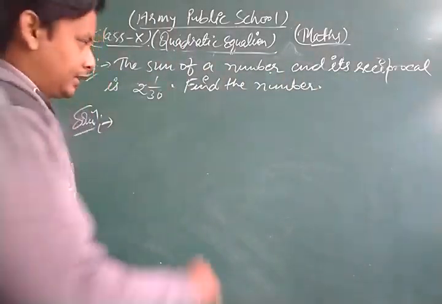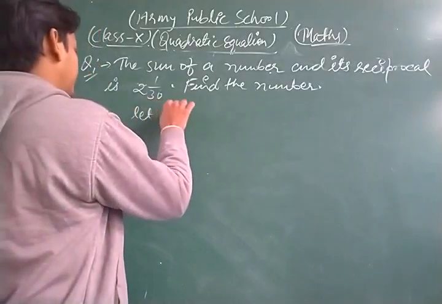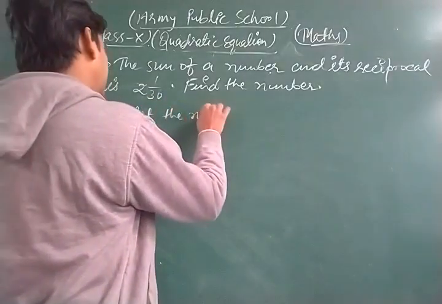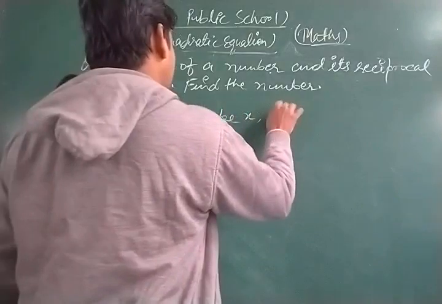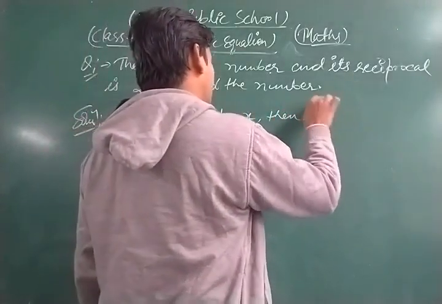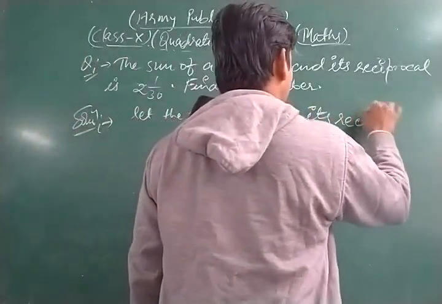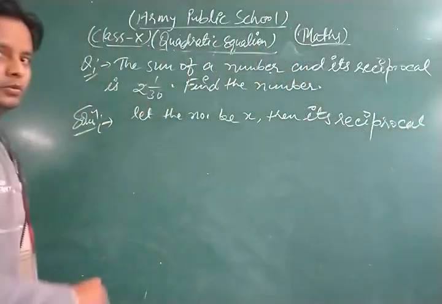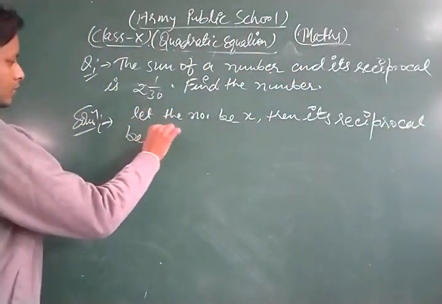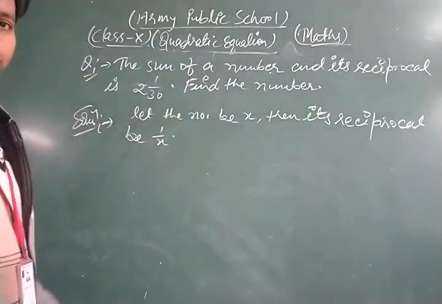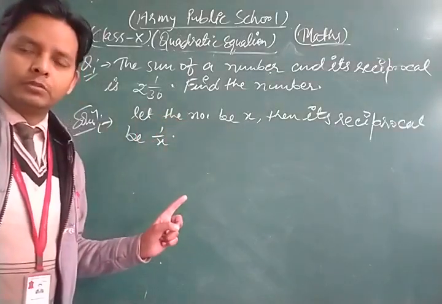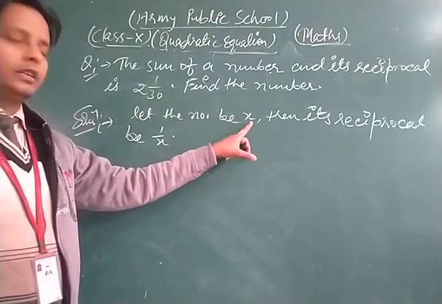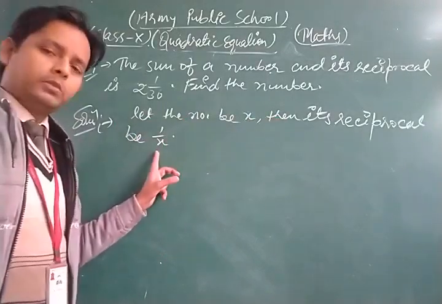Now let the number be x. First of all, let the number be x. Then its reciprocal will be 1 upon x.